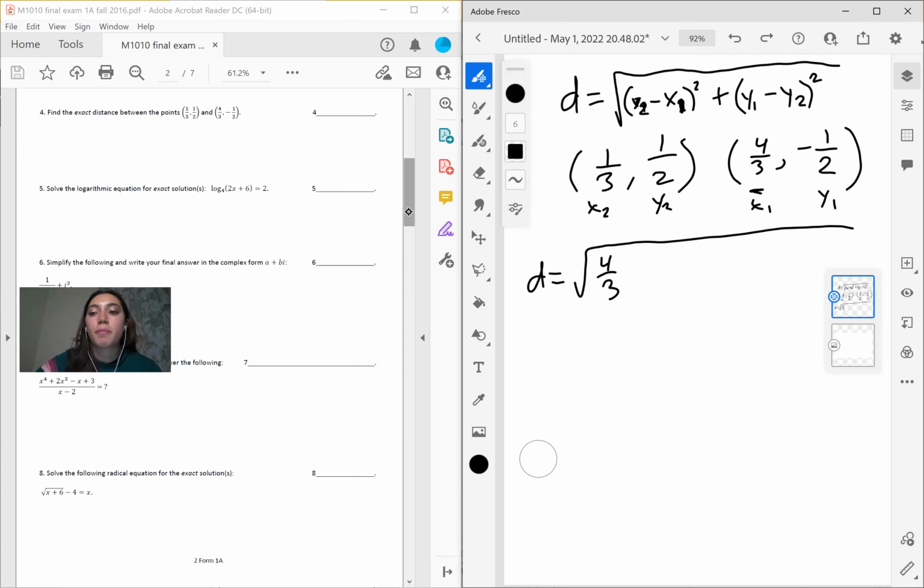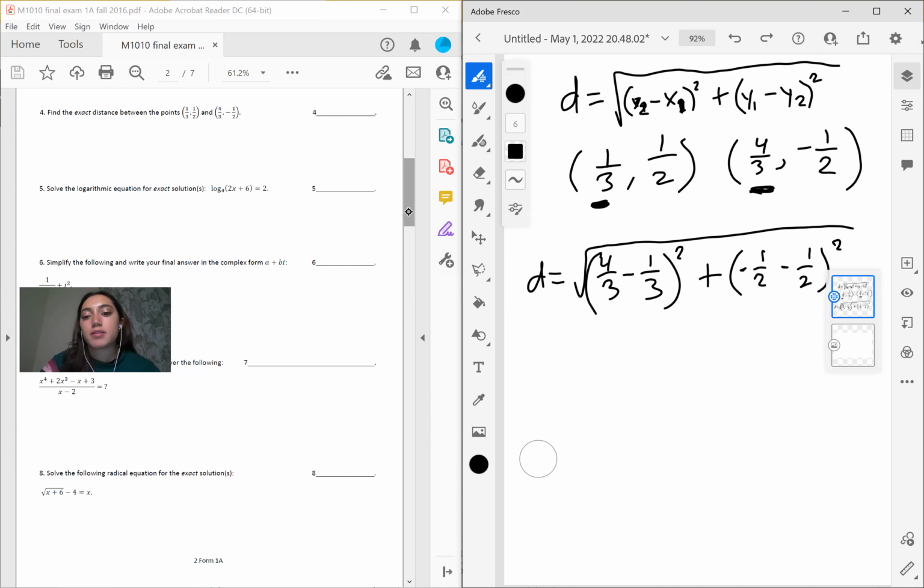Okay. All right. So I'm just taking this side minus this side. So 4/3 minus 1/3, because that gives me a cleaner number. And so those are my x terms. And then my y terms do -1/2 minus 1/2 squared.